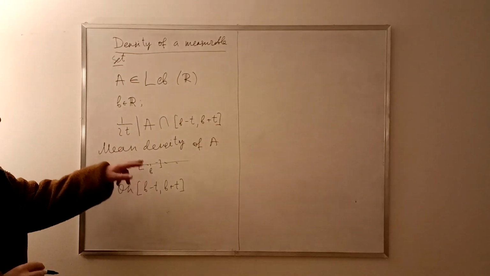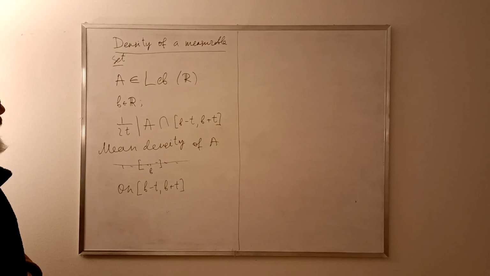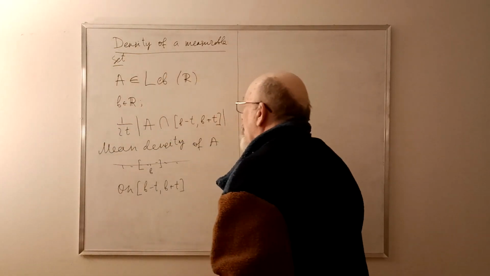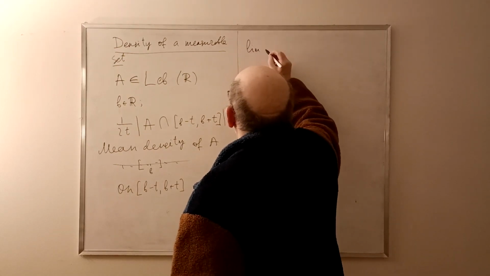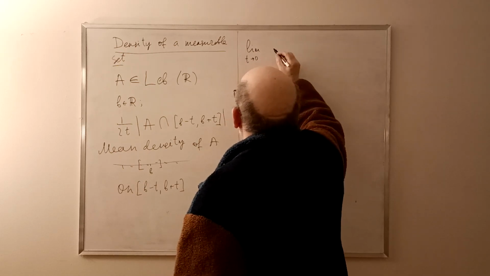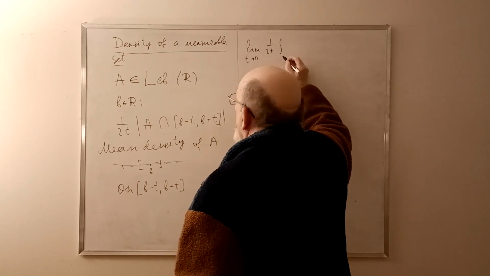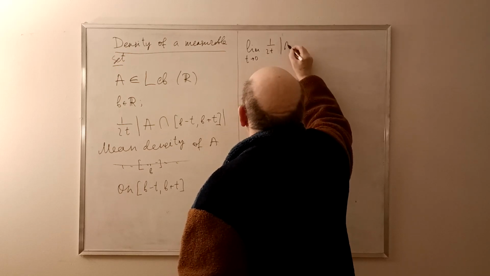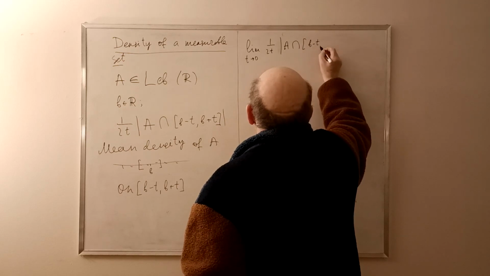So it is the mean density defined by this formula. And consider the limit when t goes to 0 of 1 over 2t times the measure of A intersected with b minus t, b plus t.